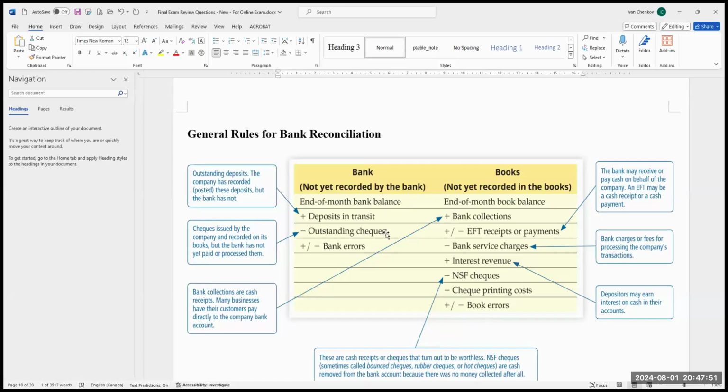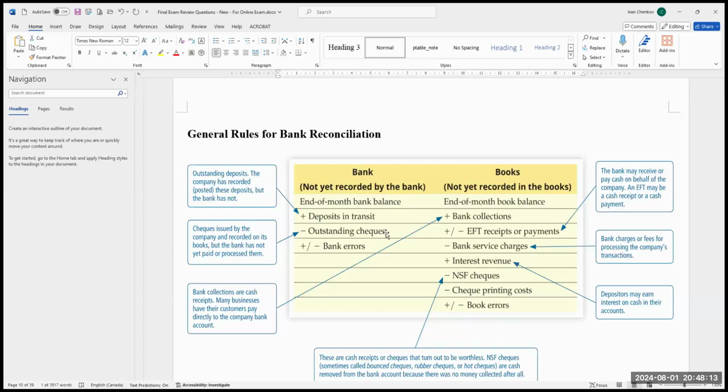What you have to add, what you have to deduct, why you have to add it, why you have to deduct it. Remember, for the bank, you're adding all the deposits which are in transit, meaning the deposit was made in the books, not yet in the bank, and deducting all the outstanding checks, meaning those checks are already recorded in the books but not cleared yet in the bank.